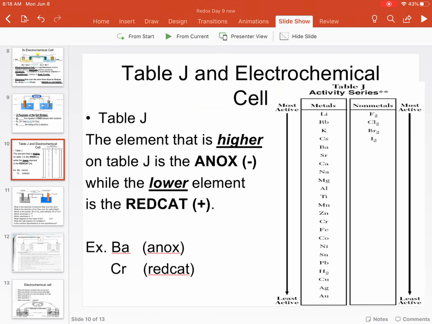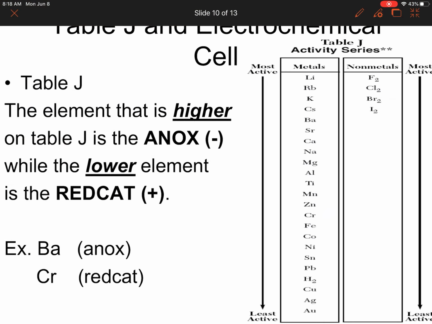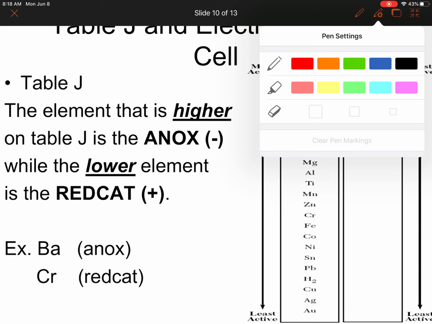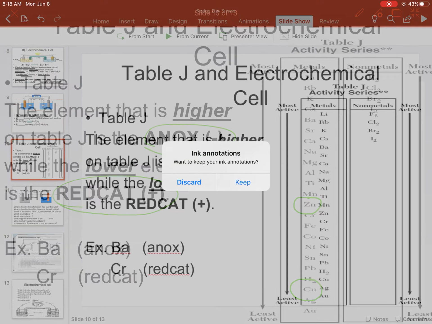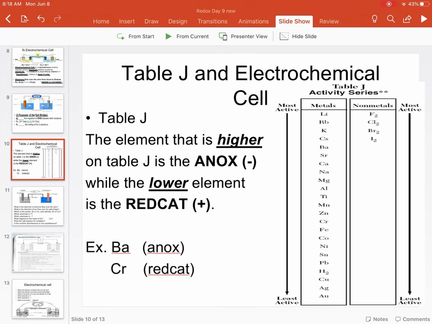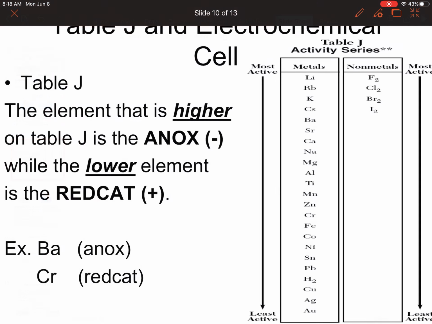Yes, here it is. Here's Zn, and here's Cu. So the element higher, we say is anox. The element lower is red cat. So what does that mean, anox, red cat? Well, very simple.